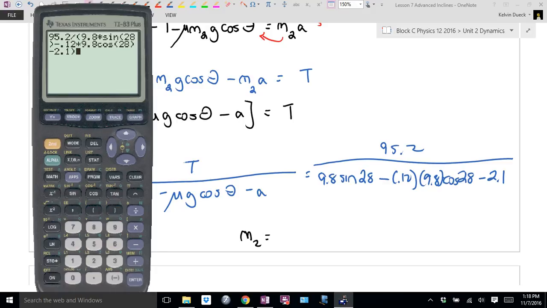Check my brackets, because last time I did this I missed one. It's going to be G sine 28 minus mu G cos 28 minus, you get 65.1? Yeah, kilos.